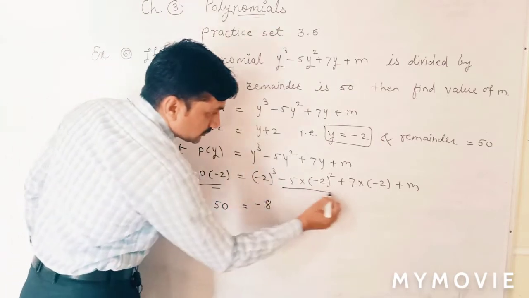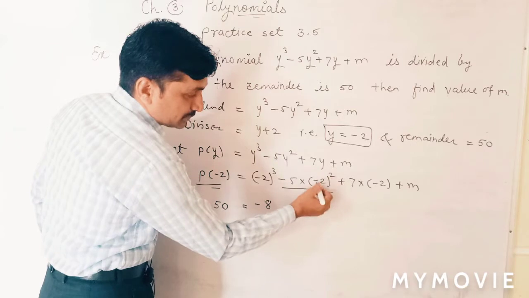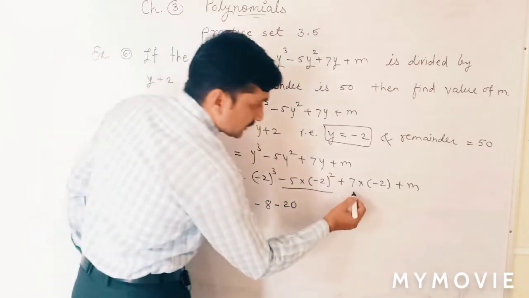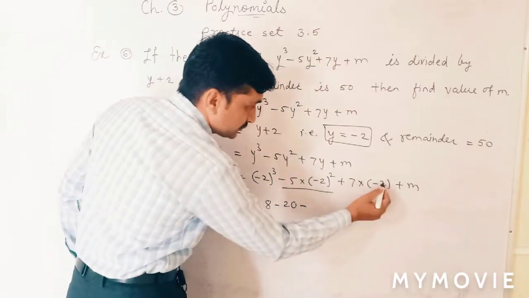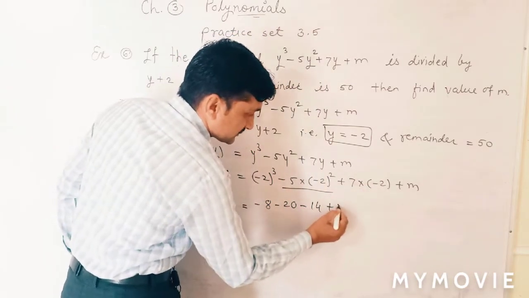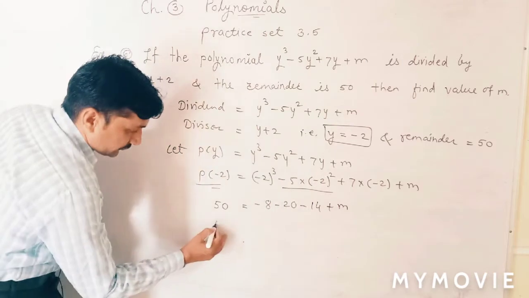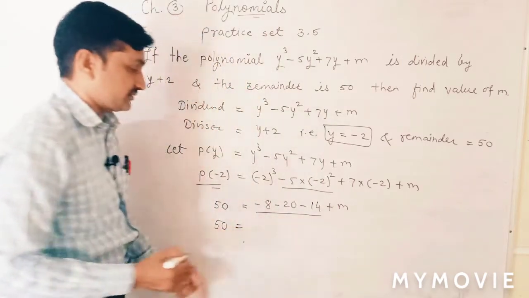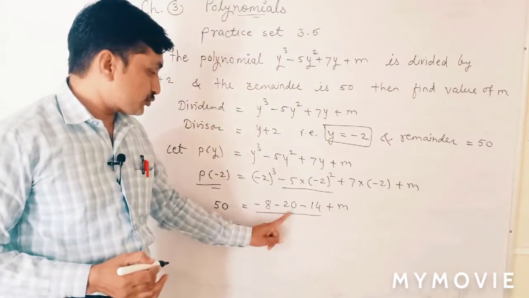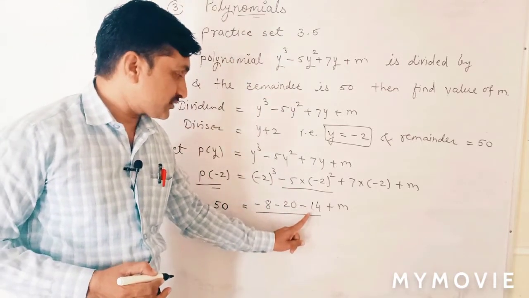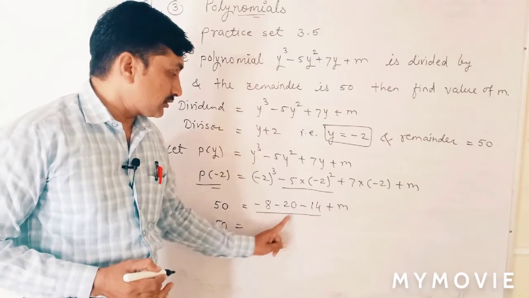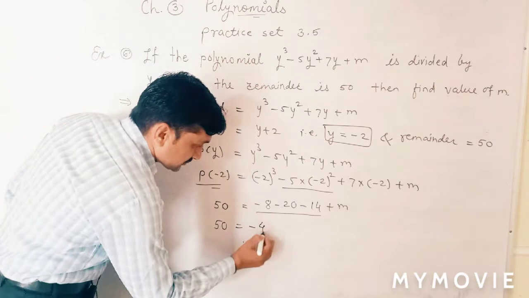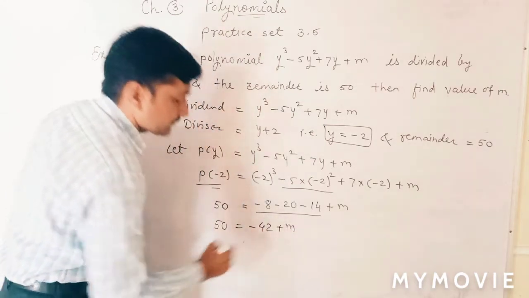Now let's solve this. Minus 2 cube is minus 8. Square of minus 2 is plus 4, and 4 fives are 20, so minus 20. Then minus into minus, 7 twos are 14, plus m. So 50 is equal to the addition of these three numbers: minus 8 minus 20 minus 14 is minus 42, plus m.